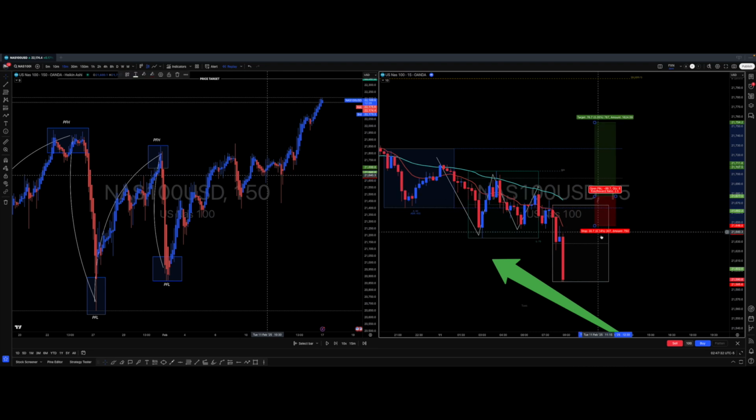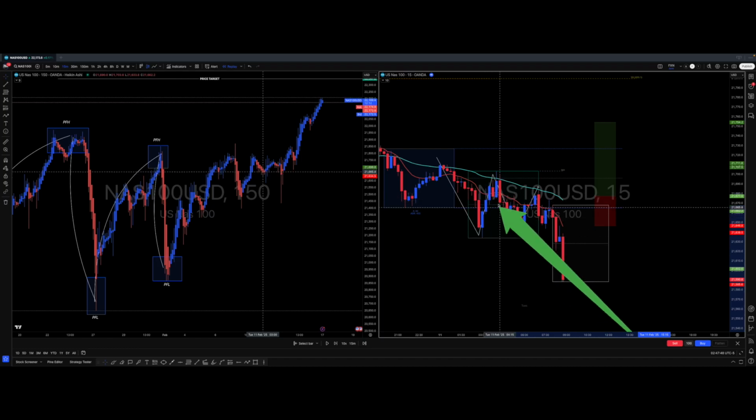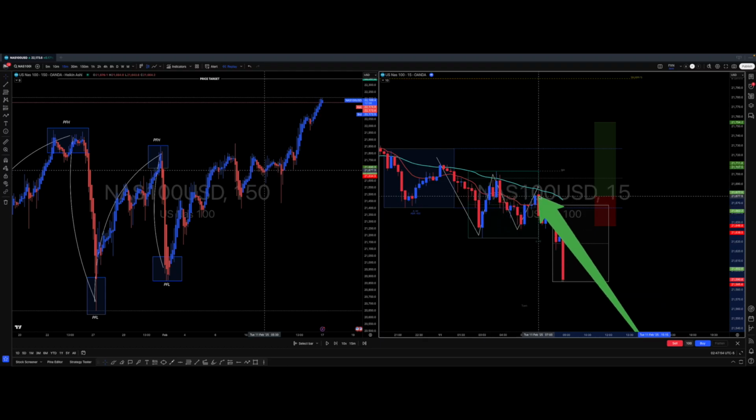Now, is there a way that you could have avoided the second loss? I think there are clearly ways that you could have avoided this huge loss. It would have been a smaller loss, but it's all in the clues of these candles. Now, this second one here, could you have avoided it?